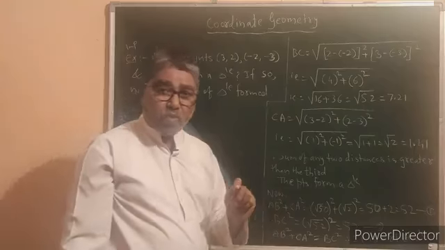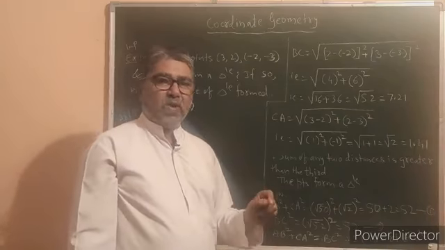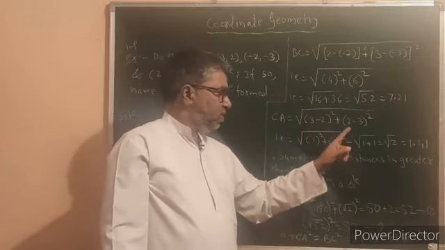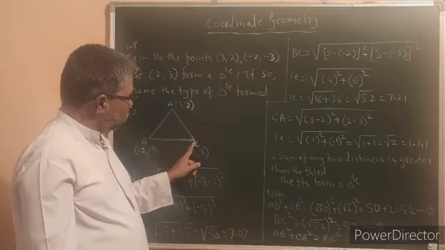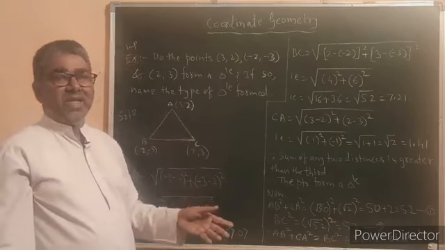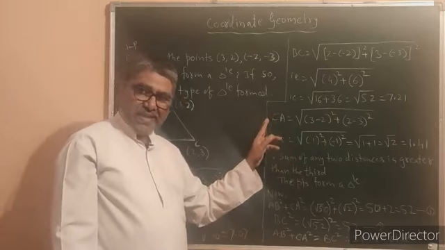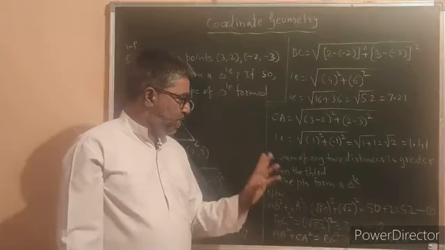So square root of 2 or its approximate value 1.41 units is the distance between the 2 points C and A, or in other words, it will be the length of the third side of the triangle, CA.